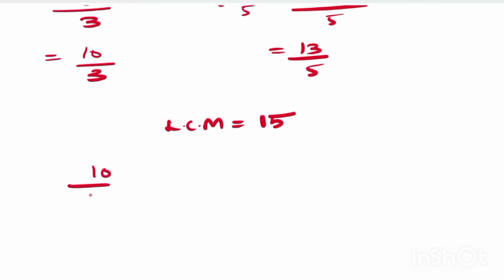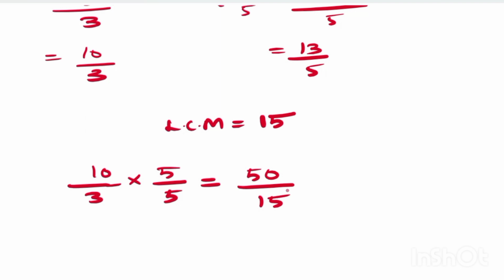So 10 by 3 will become, what do you have to do? Should you multiply only the denominator by 5 and write 10 by 15? No, right? You have to multiply both the numerator and denominator by 5. Whatever is done to the denominator should also be done to the numerator. So 50 by 15.